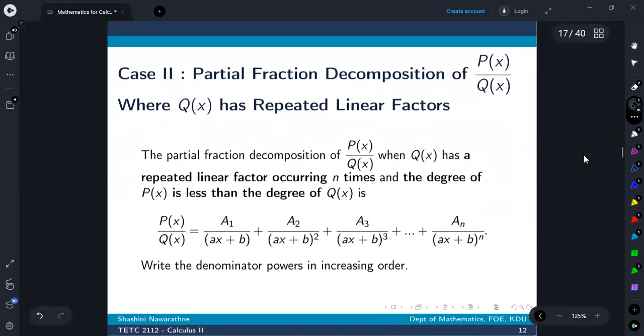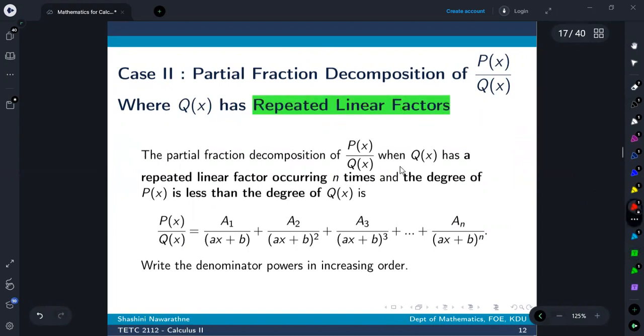In the second case, this is also a specific case, and here we also consider the px over qx form. The most important thing is that this qx has repeated linear factors.